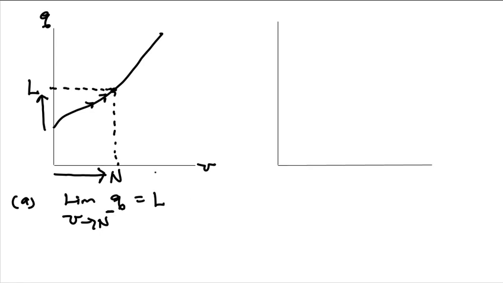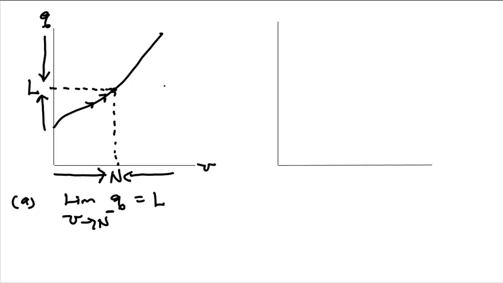And what about if we approach N? If V approaches N from the right hand side, what's the value of Q in this case? From the right hand side it goes to the left, V approaches N, and then from here goes down here.